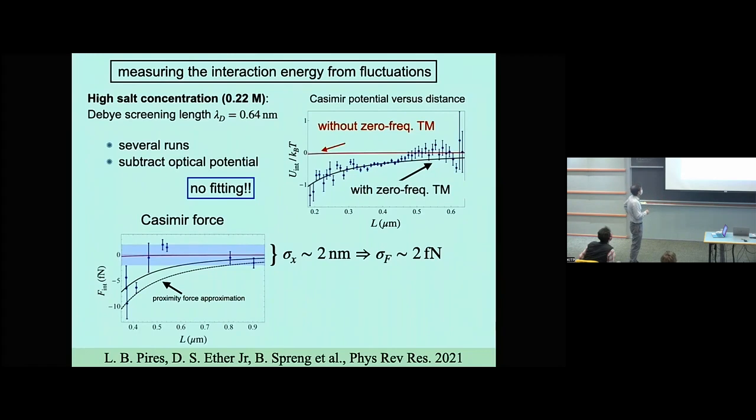The same I'm showing here for the force: without the zero frequency, and with the zero frequency in black, and we have a reasonable agreement with this prediction that we have for the force with this unscreened transverse magnetic contribution at zero frequency.